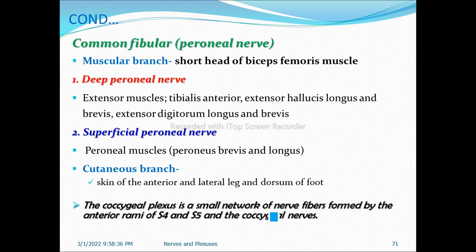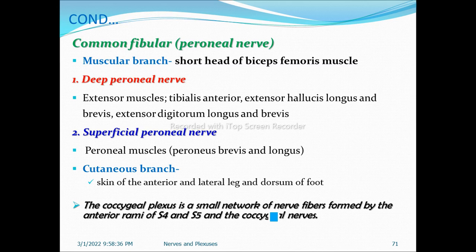The common fibular or peroneal nerve has a muscular branch to the short head of biceps femoris muscle, because the long head of biceps femoris is supplied by the tibial nerve. The common fibular or peroneal nerve will divide into the deep peroneal nerve and the superficial peroneal nerve.